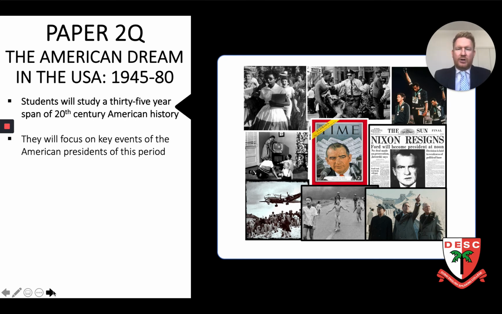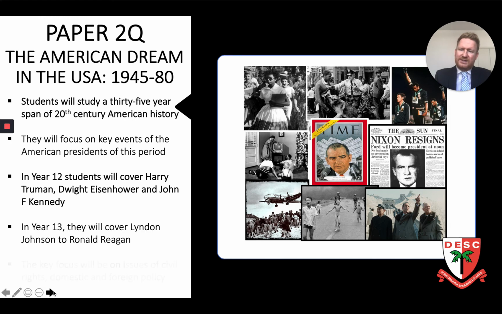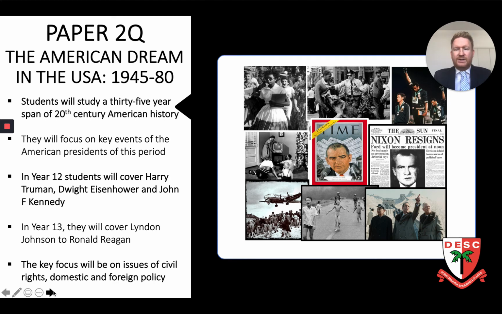Not just the economic advances made, not the fact that it became a superpower in those years, but also key crucial scandals and changes in society such as Watergate, but also the presidencies and how they are crucial to our understanding of US society. Civil rights, domestic and foreign policy, therefore, are really important to that paper.